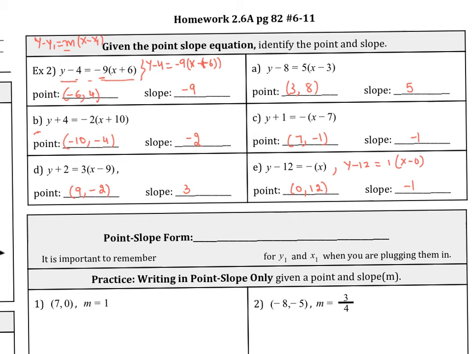For E, you can write this equation in this form if you like, because you're going to compare it with the main equation, the formula that is written in this form. When we compare with this formula right here, you're going to get 0 comma 12 as your point, and your slope is going to be negative 1.